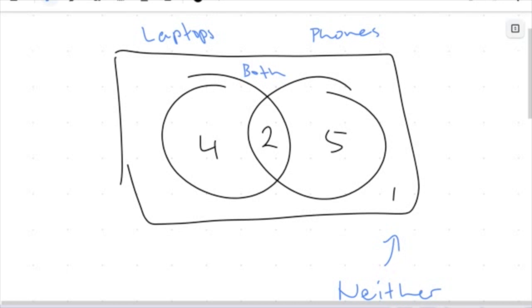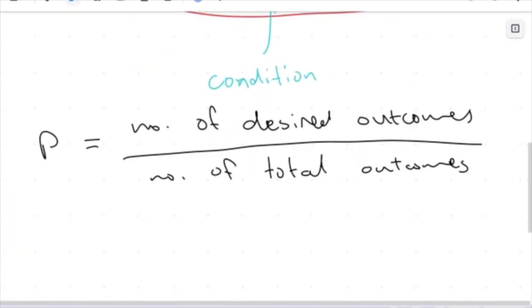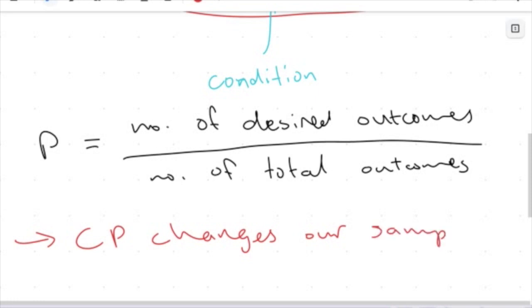We'd say there are 12 total things here between these numbers, and we would just be picking off, okay, what's the probability of laptops? What's the probability of phones? But conditional probability changes our sample space. So that changes this bit down the bottom. I'm actually going to write that point here. So conditional probability changes our sample space, or in other words, our total outcomes.